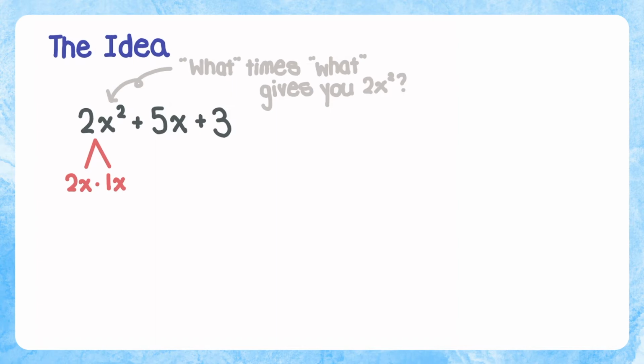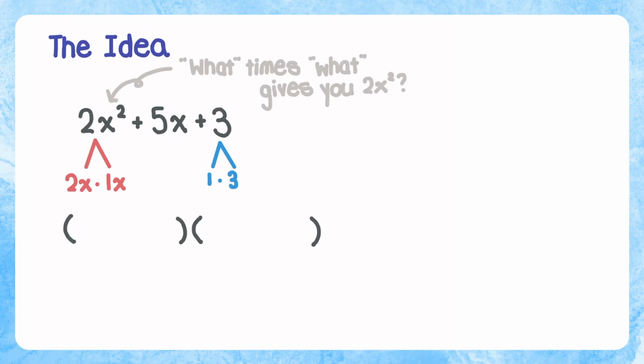And then let's look at the last term, the constant. The 3 I can break down into 1 times 3. So I'm breaking down the first term and the last term into factors. So next I'm going to write out this general form of factoring the trinomials.